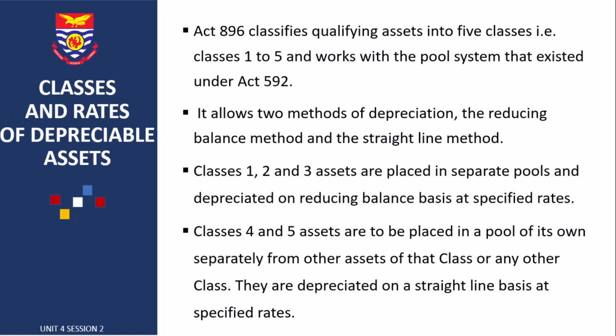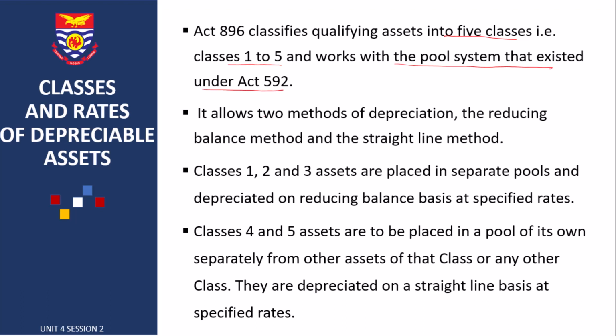Capital allowances are granted under Section 4 of the Income Tax Act 896 and in accordance with the third schedule. The Act classifies qualifying assets or depreciable assets into 5 classes, that is Class 1 to Class 5, and works with the pool system that existed under Act 592.